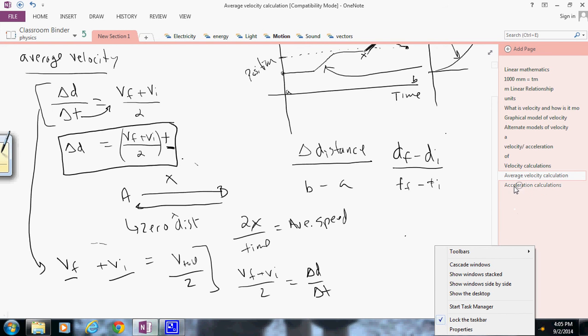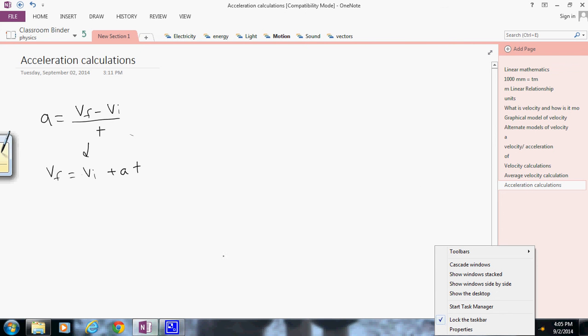Our next formula here is acceleration. Of course, if we have a position graph, position versus time, then the slope is equal to position divided by time. That is going to be velocity.